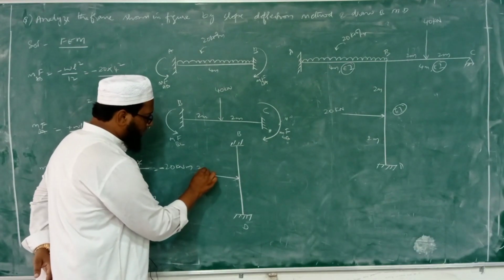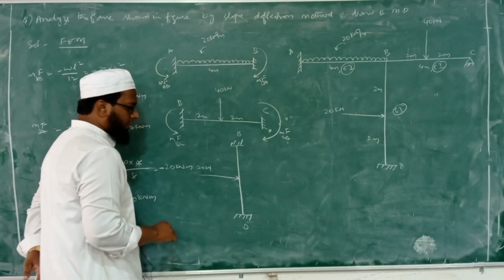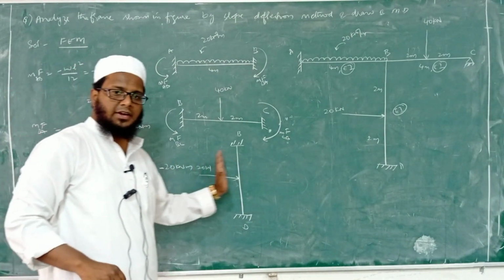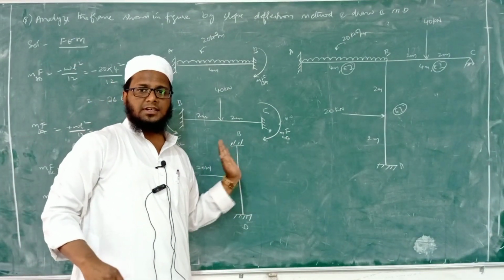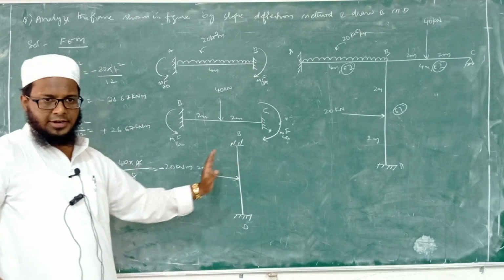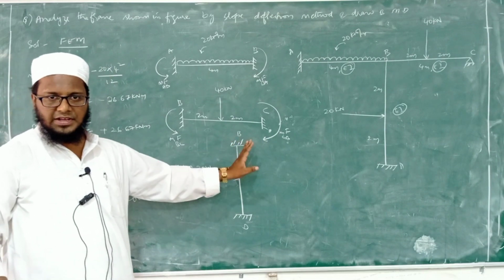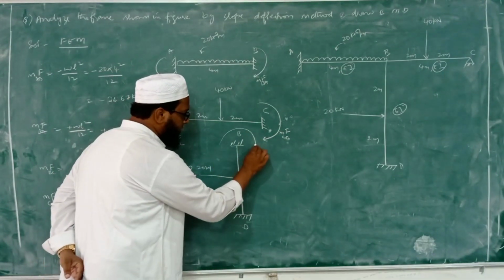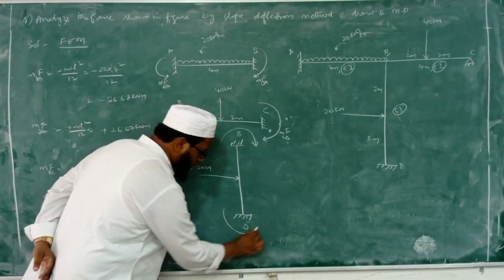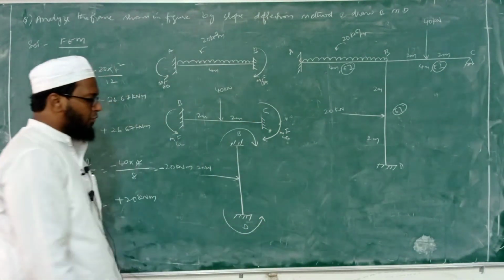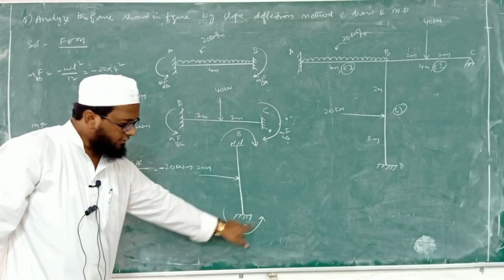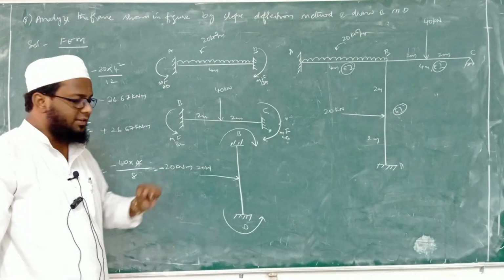What is the load? 20 kilonewton. Because of this load, the beam will try to deflect in the right direction. To overcome that deflection, the supports will create moments, one clockwise and another anti-clockwise.